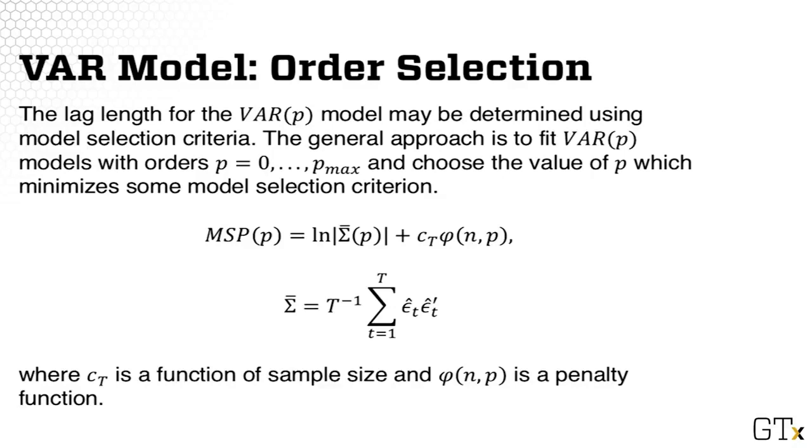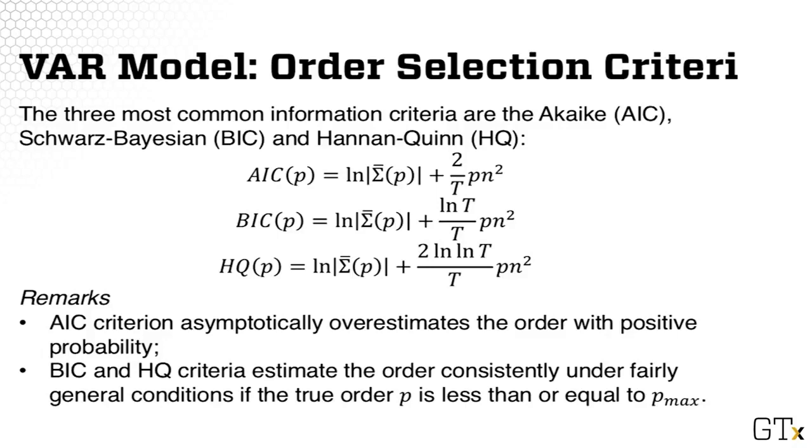The criterion is a sum of two components. The first is a measure of goodness of fit, and the second is a measure of model complexity. The criteria selects a model which balances goodness of fit and complexity. Classic examples of such criteria are the Akaike Information Criteria, or AIC, the Bayesian Information Criteria, abbreviated BIC, and the Hannan-Quinn criteria, among other criteria. In all these criteria, the goodness of fit measure is the sum of square residuals.